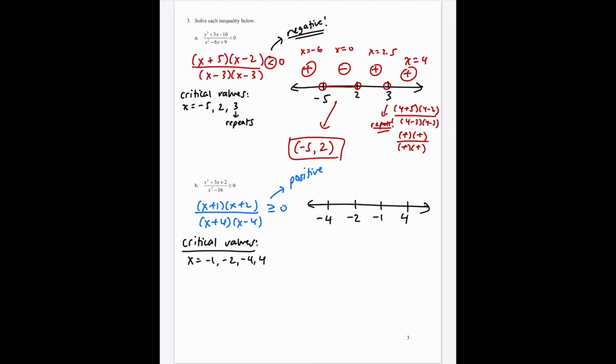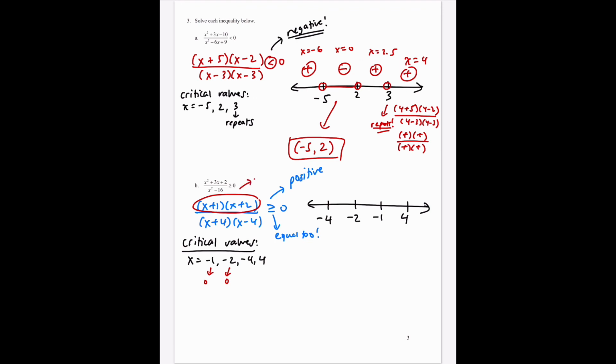We want positive values, or it's equal to 0. So it can only be equal to 0 if the critical values are in the numerator. So that means that this is equal to 0, and this is equal to 0.